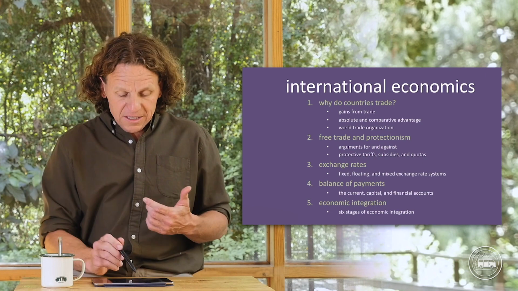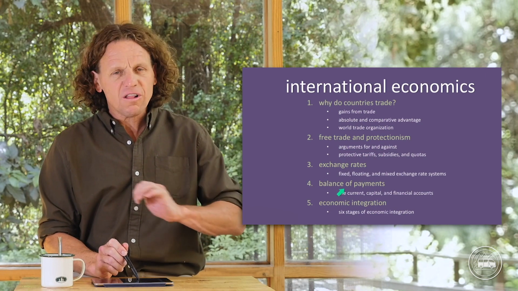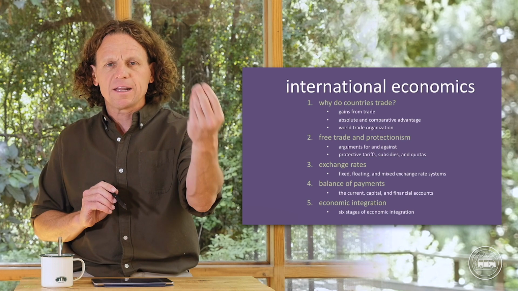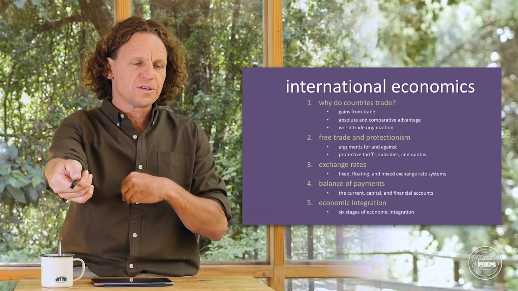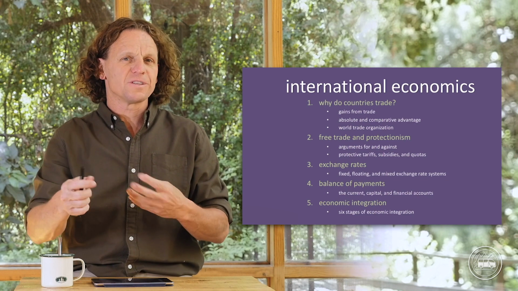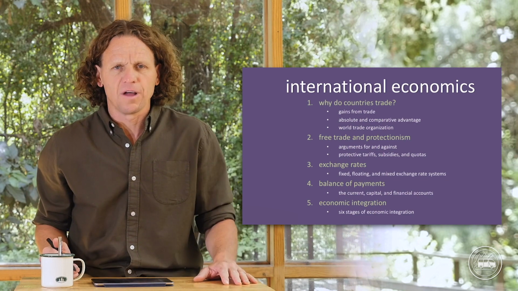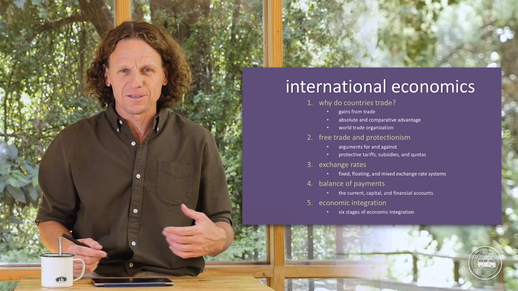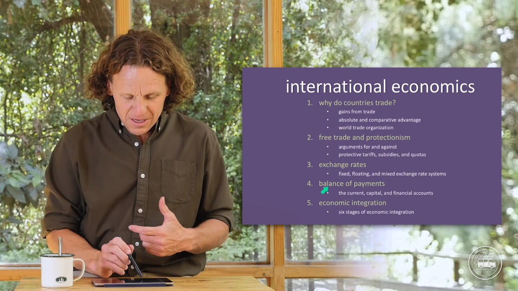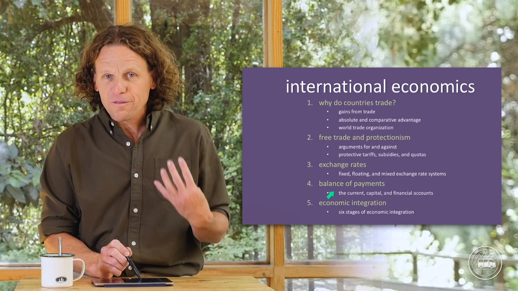Balance of payments sounds all fancy, and all it is is the tracking of money coming into a country versus the tracking of money going out of a country, both for imports and exports, and then we add them together and come up with a sum. Because we're economists, we can make anything equal whatever we want, which in this case is zero. So balance of payments is the fourth unit that we're going to study.